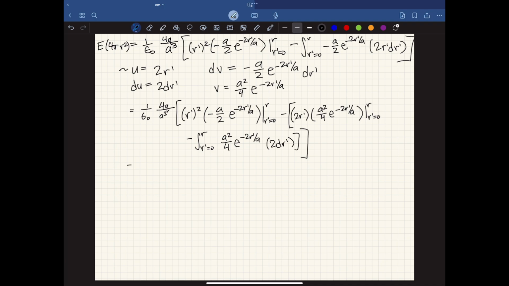Now we continue to solve this. I'll start with the integral.